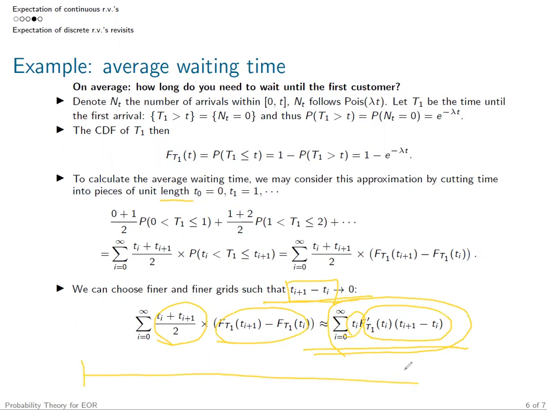So previously, if we cut intervals of unit length, now we are cutting finer and finer grids and making the interval length smaller and smaller, let's say decreasing to 0.